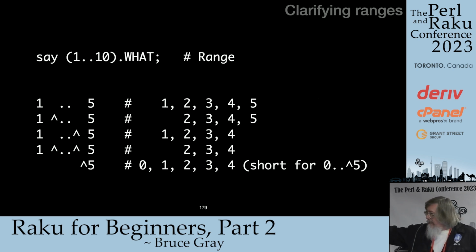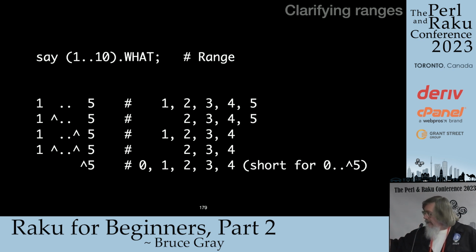And the operator, ... is a range constructor. And it has 4 variants. The plain one, but also because this comes up a lot in computing, you want to omit the left hand or the right hand or both endpoints. The old mathematics, inclusive or exclusive ranges.